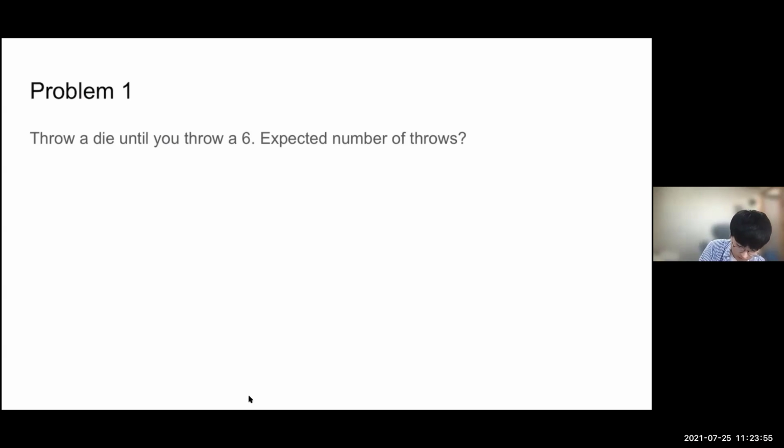There's a probability of like 1/6. Sorry, I think your microphone is a bit too far away. I can't hear you well. Or maybe you could type it and I could read it.